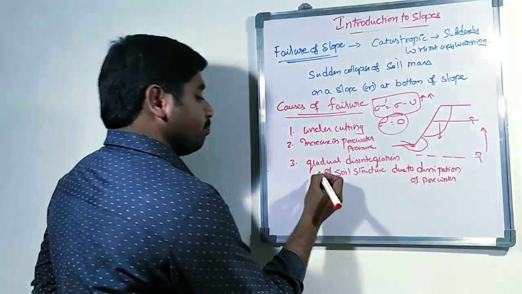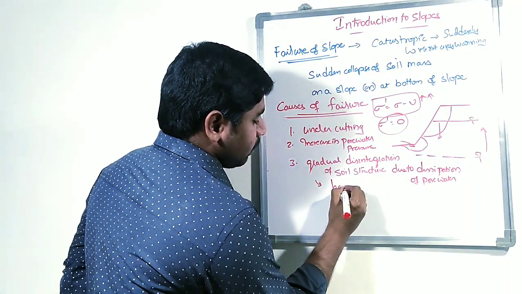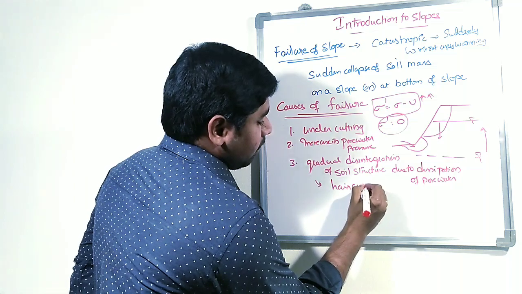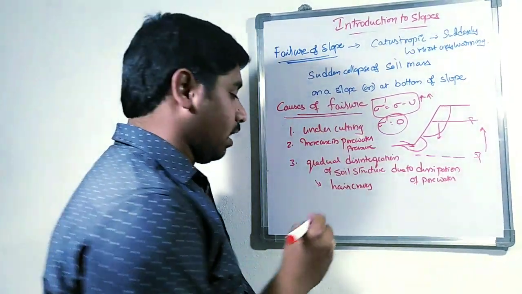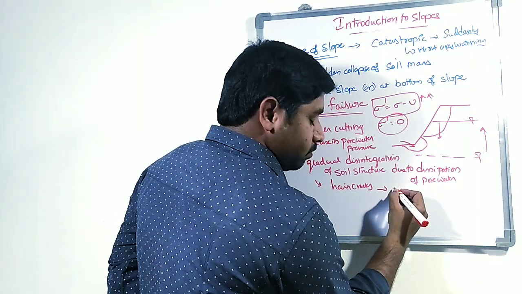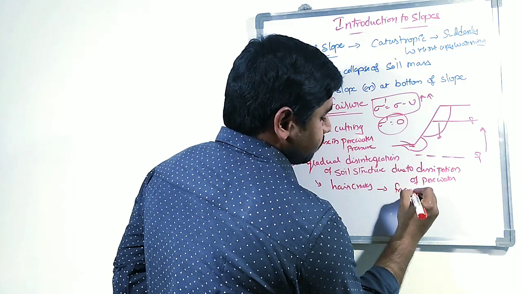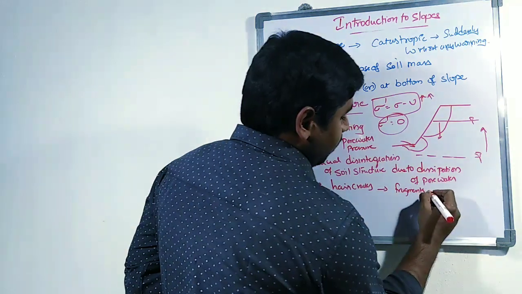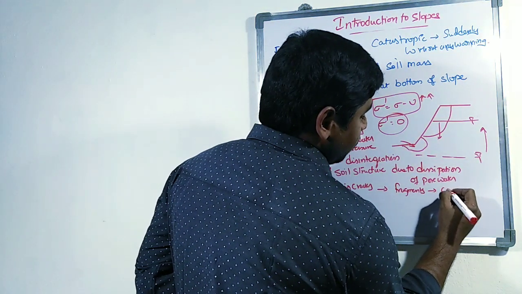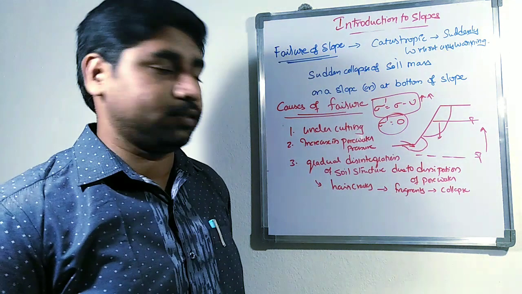So because of this, first of all, hair cracks will be developed, and then it leads to fragments, and then all of a sudden collapse of the slope is going to take place.